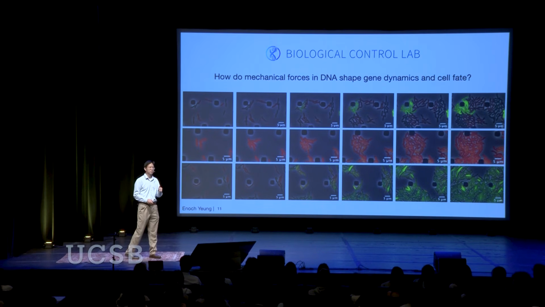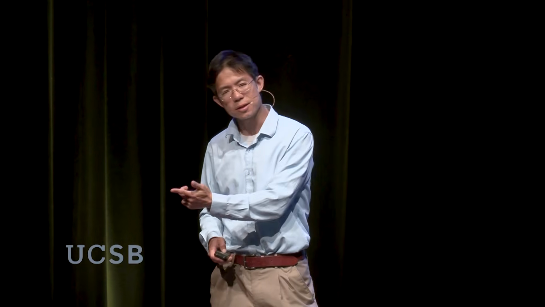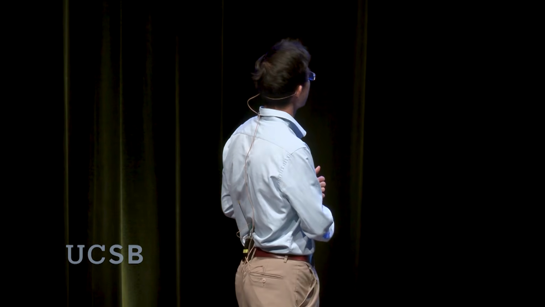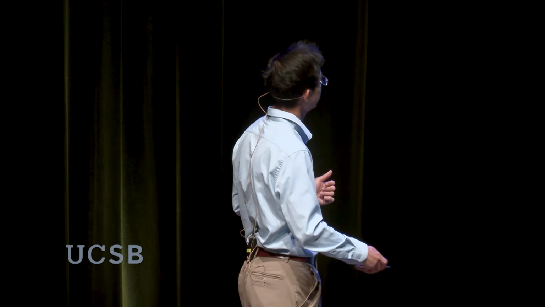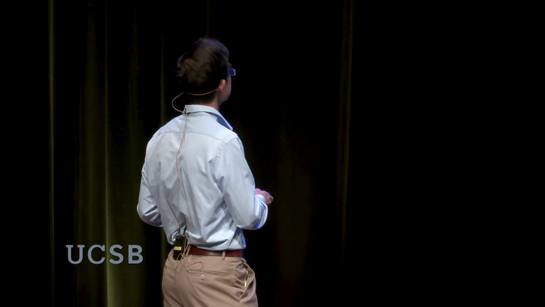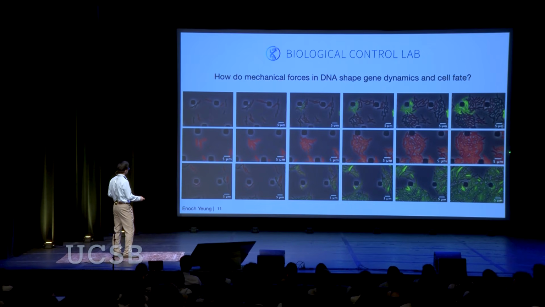A gene that produces a green fluorescent protein, hence the color green that you see, and a separate gene that produces a red fluorescent protein. The same two genes. So what's different about rows 1, 2, and 3? The primary difference between these individual rows is the mechanical forces in the DNA surrounding these genes. Otherwise, the same two genes that are in this row are present in this row as well, and in this row as well.